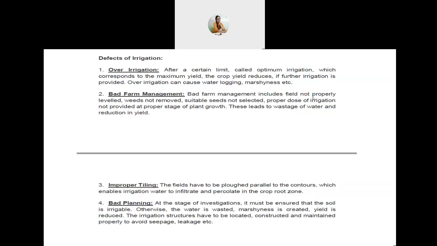Otherwise, the water is wasted, marshiness is created, yield is reduced. The irrigation structures have to be located, constructed, and maintained properly to avoid seepage, leakage, etc.